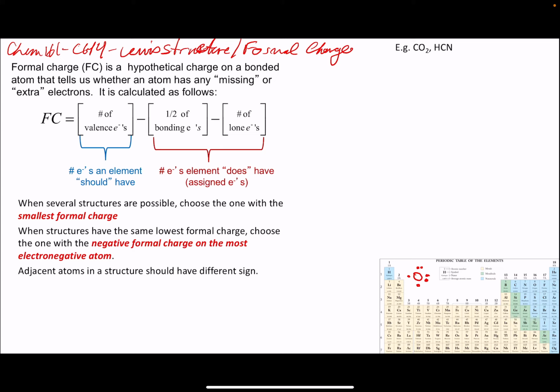As we saw earlier, we had to negotiate COCl2 from a starting point where we had something like this, and we had 6 electrons surrounding each of these periphery atoms. We saw that the octet in the carbon was not complete, and so we had to negotiate which element we were going to borrow from.